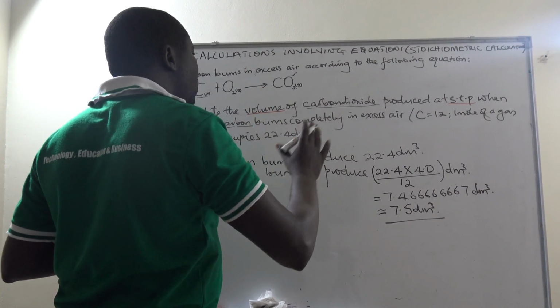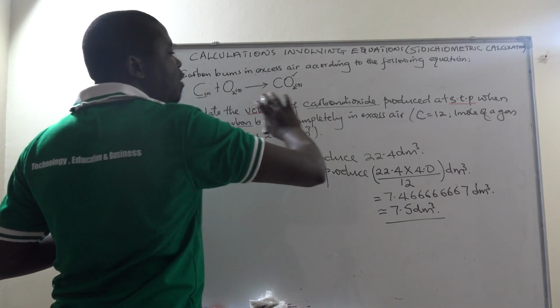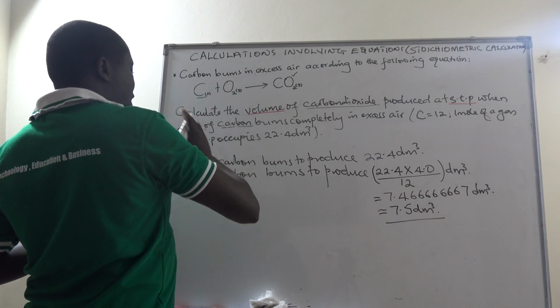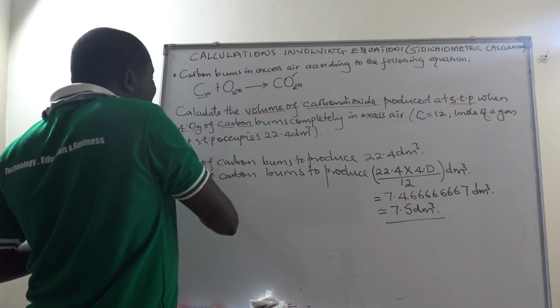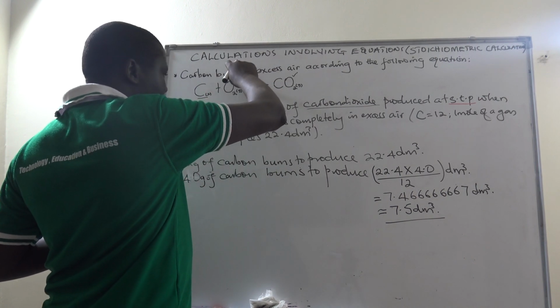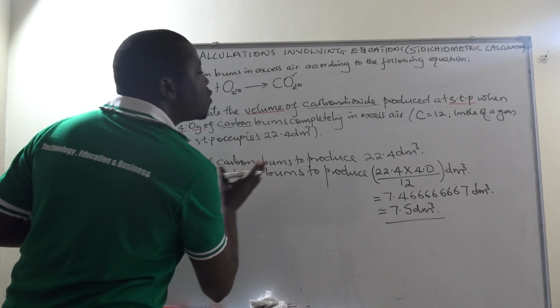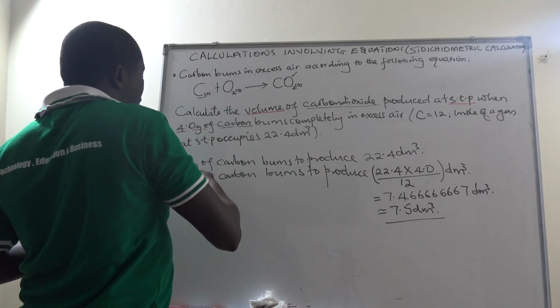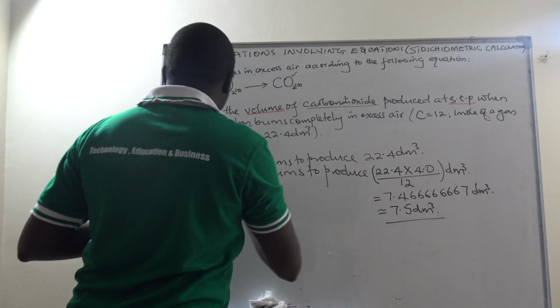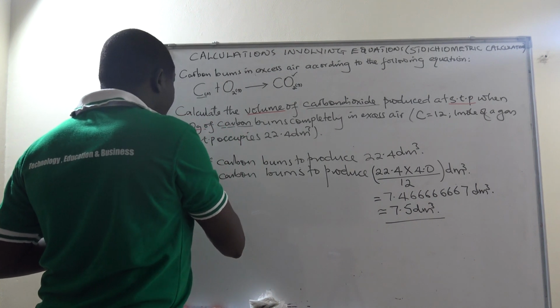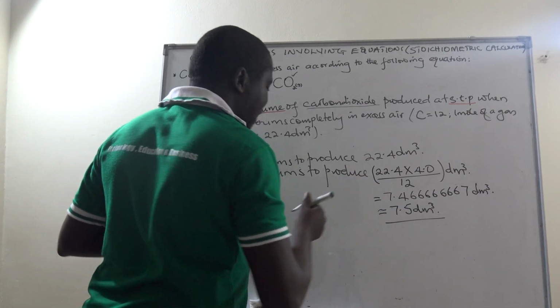Then the substance whose quantity you are going to look for will go to your right hand side, and the one whose quantity has been given remains on our left hand side. But we start with what we have in the equation, then you come to what we have in the question. That is for simple cross multiplication. As we have seen, we have to multiply diagonally 4.0 by 22.4 as we have done here, and we divide by this first quantity 12, and we have got the answer.